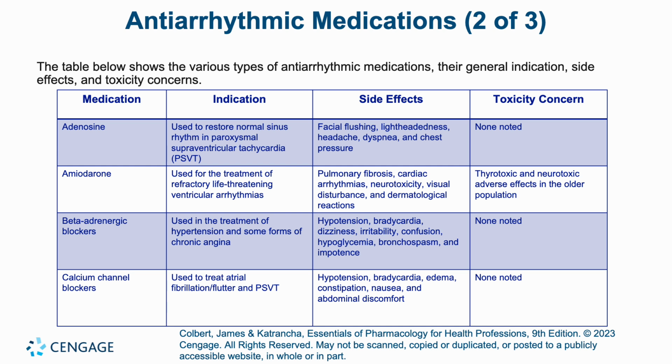Calcium channel blockers, the indication is treating atrial fibrillation or flutter and PSVT. Atrial fibrillation, I want you to think of the top two chambers of the heart, the atria, kind of quivering. And the quivering action leads the blood to remain in that chamber versus pumping efficiently out into the ventricle.